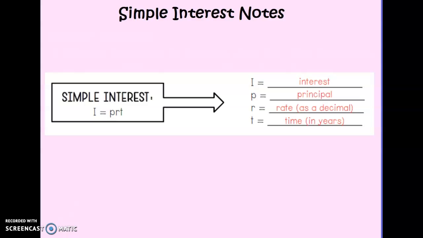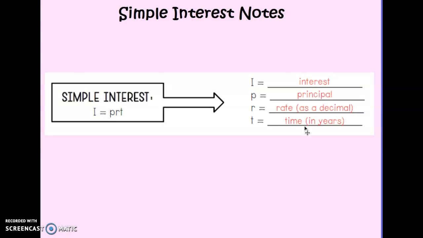All right, so here's our formula for simple interest. Interest is equal to our principal, which is P. You can see where it is filled in over on the side. Principal is however much money you put in initially or that you borrow initially, times our rate.